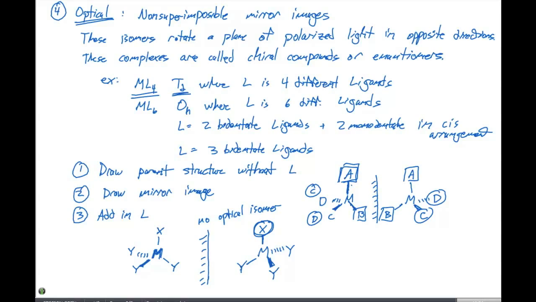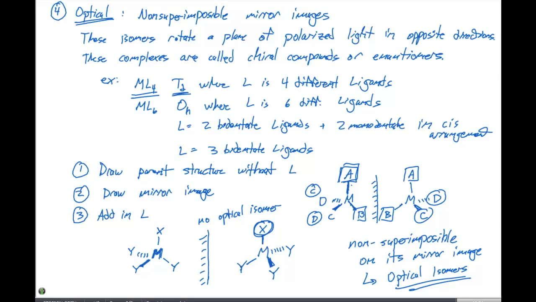So what I can say about this particular molecule is it's non-superimposable on its mirror image. And if we have a non-superimposable mirror image, that means we have optical isomers.